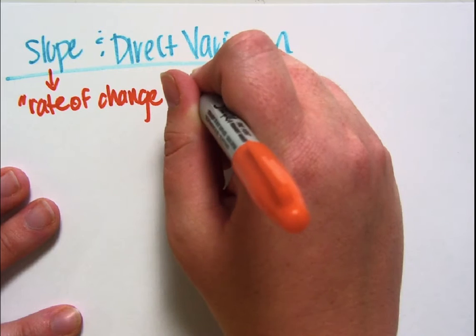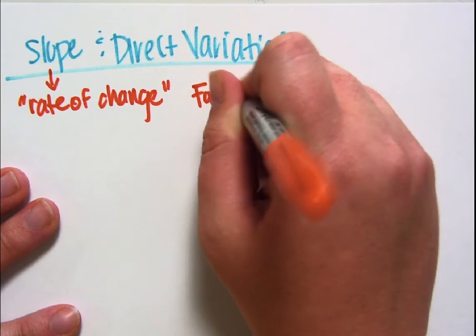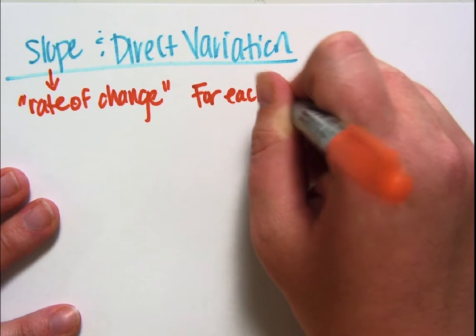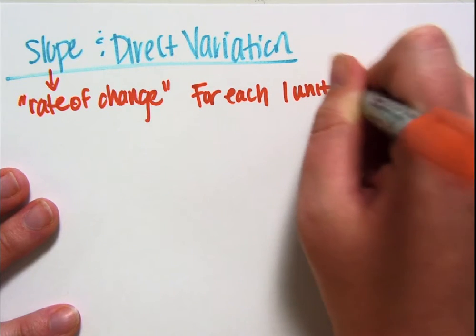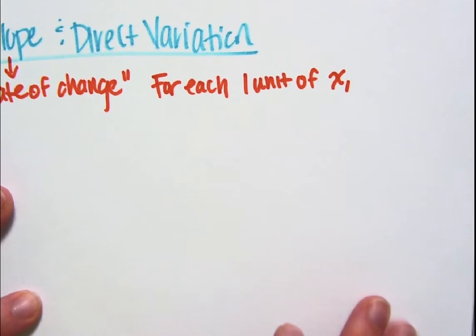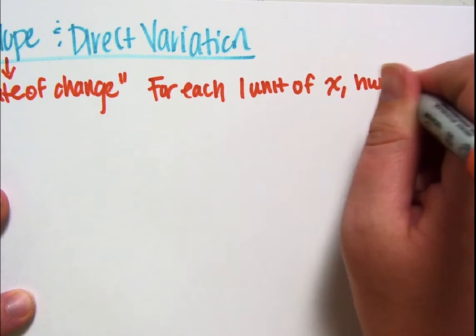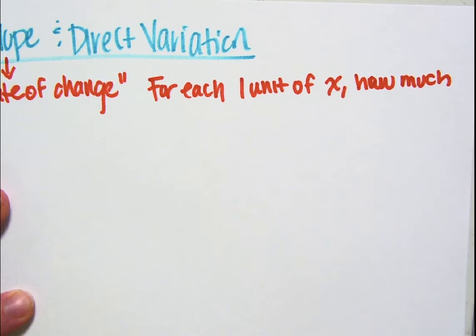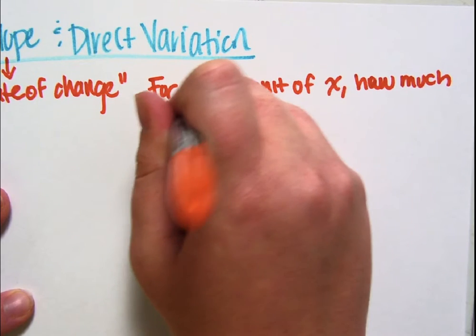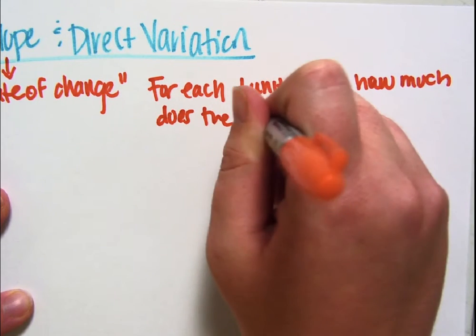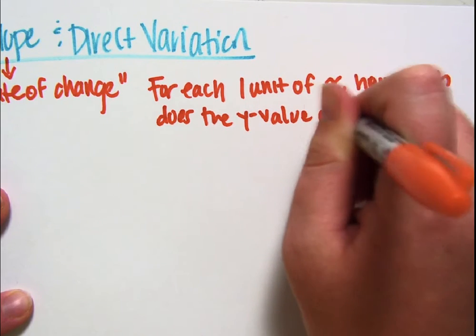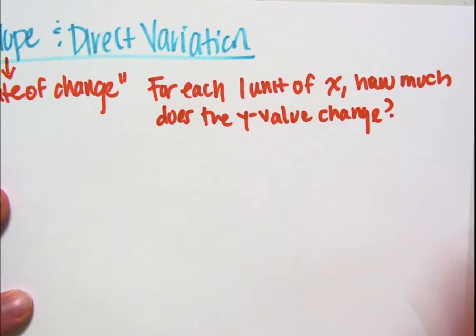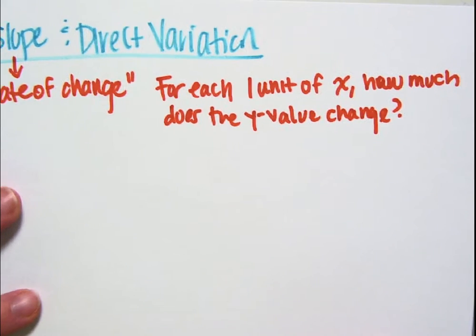So in words, we can say for each 1 unit of x, how much does the y value change? The answer to that question would be your slope.